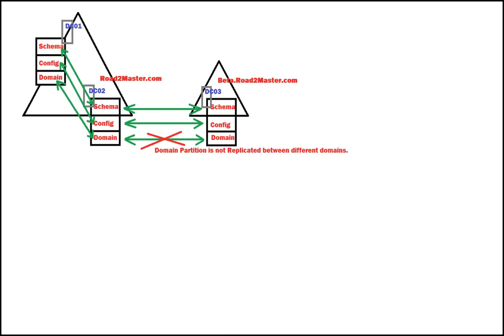The alternate doesn't mean that the domain partition is going to replicate at that point, but there is a way by which DC03 can still come to know what all users or what all data is there in roadtomaster.com. Okay, so we'll talk about that in some time, but I want to make sure that you understand that domain partition is not replicated between different domains. Okay.